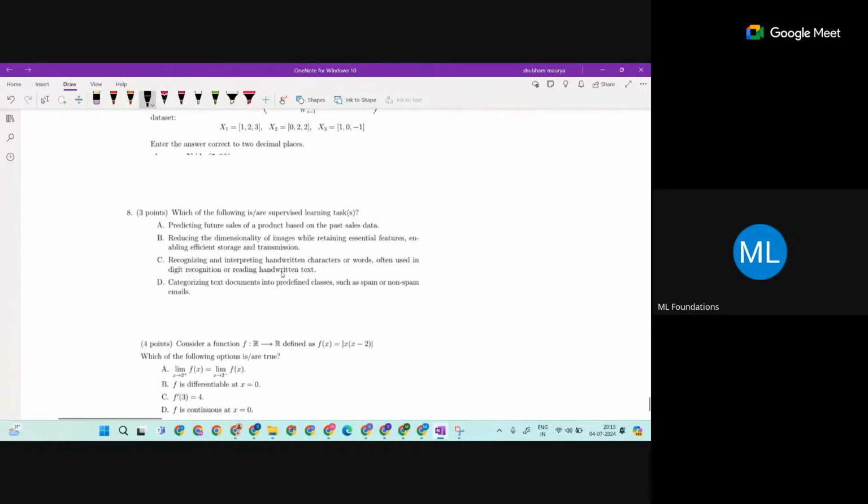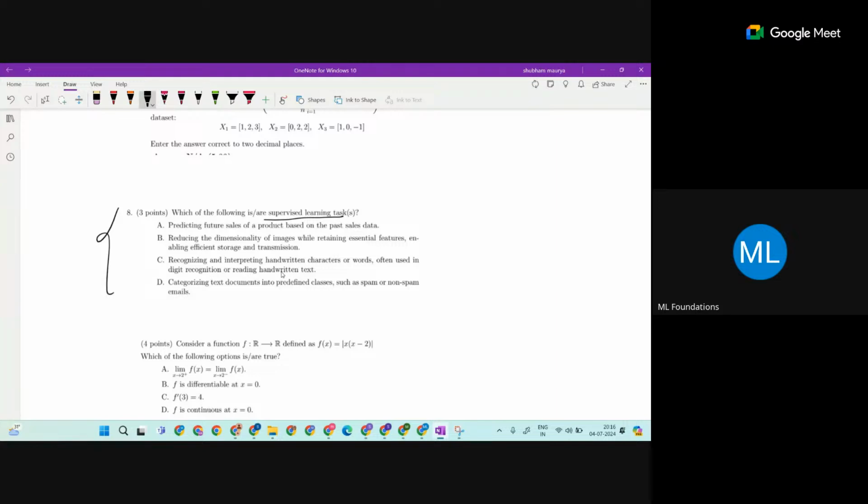This is an old question paper, and this problem is there. Could all of you try this? Which of the following is a supervised learning task? There are 4 options. First, predicting the future sales of a product based on past sales data. Second, reducing the dimensionality of an image while retaining the essential features.